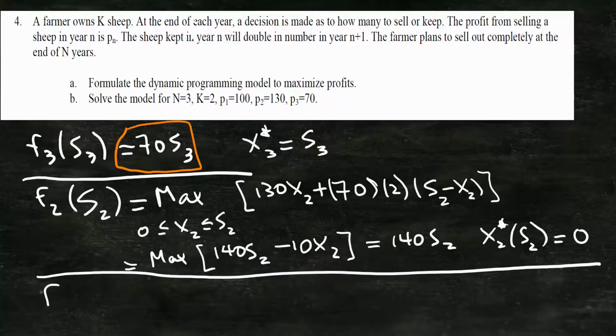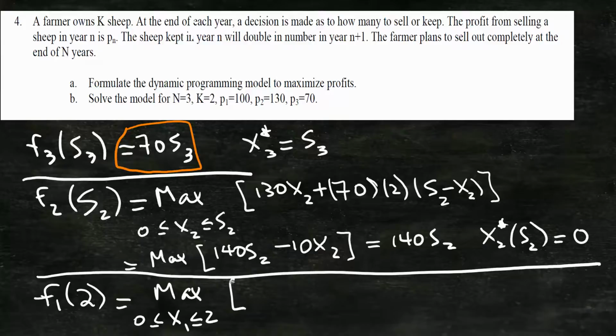Now let's go to F1, and we know we have K, which is 2. We have 2 sheep. Well, the same thing: we want to maximize over x1, anywhere between 0 and 2, so 0, 1, or 2. If you sell x1 in the first stage, you'll make 100 for each of those x1s.